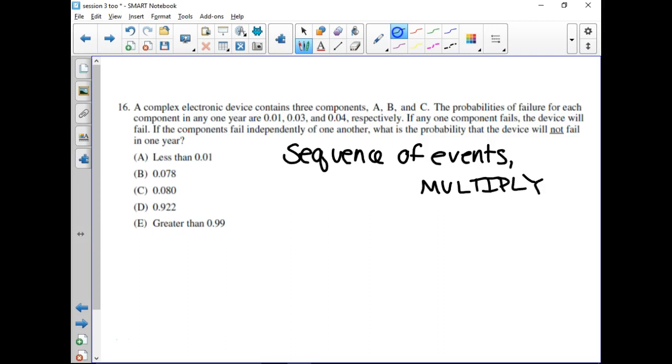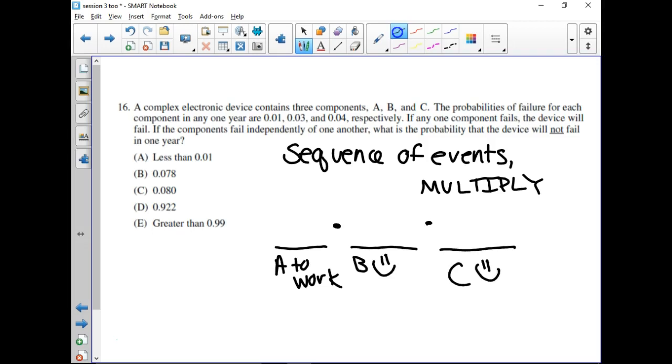In order for these not to fail, we need A to work and we need B to work and we need C to work. Well, if we know A is going to fail is 0.01, what's the probability that it will work? 0.99.